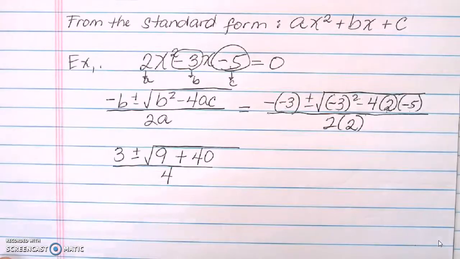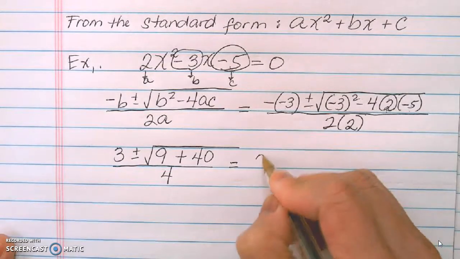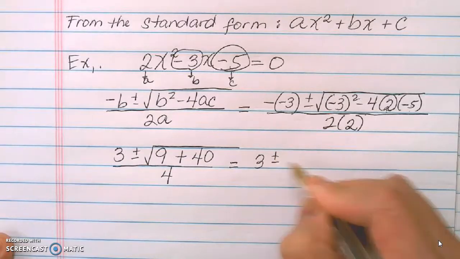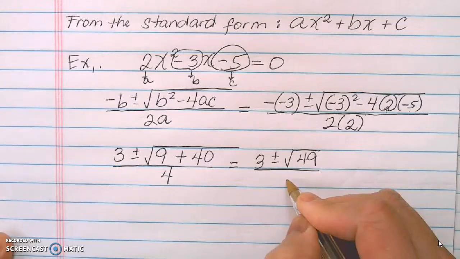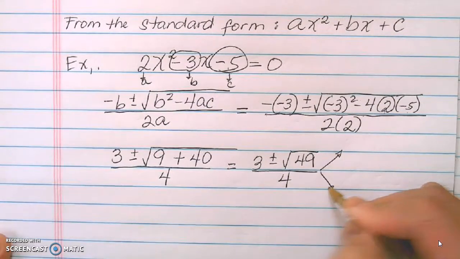This now will give us 3 plus or minus square root of 49 all over 4, and this will give us 2 roots.